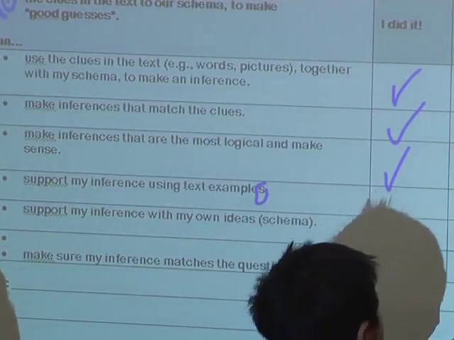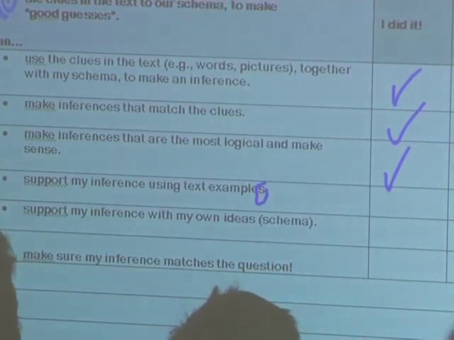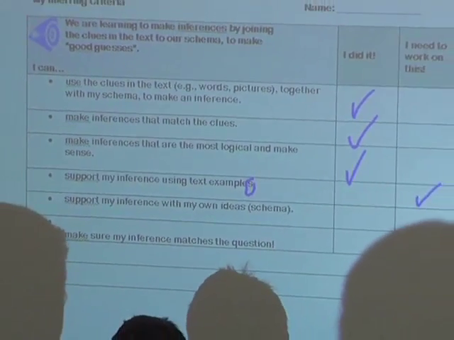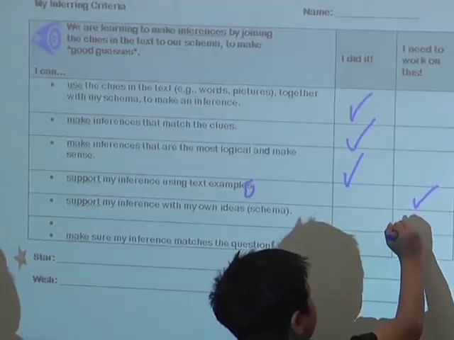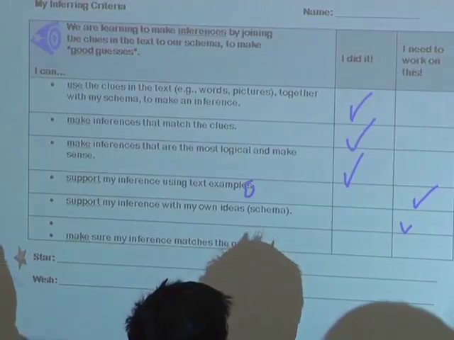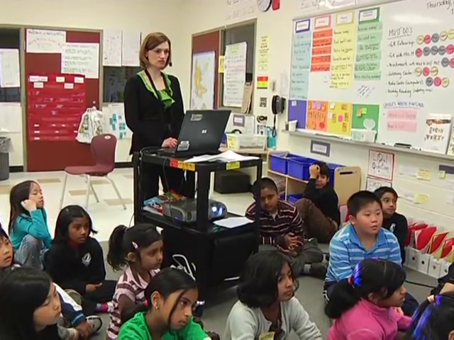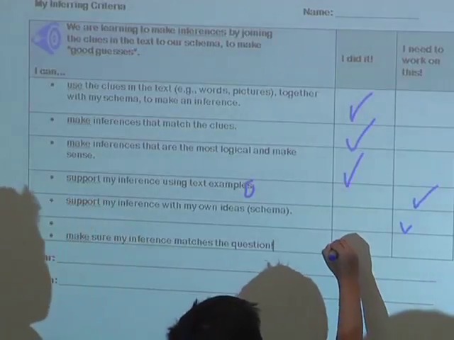I'm thinking we might need to go back. Jason, can you check? I need to work on this, please. Thank you. Okay. Support my inference with my own ideas. Did we do any of that? Not really. Jason, I think maybe we need to check that off. And what about the last one? Make sure my inference matches the question? Yes, I think we did that.